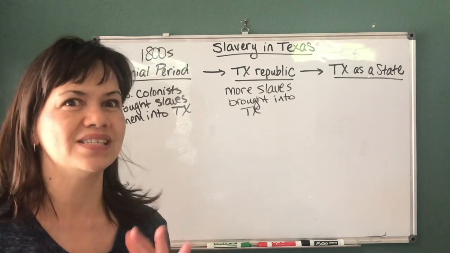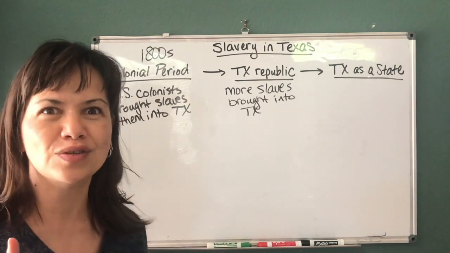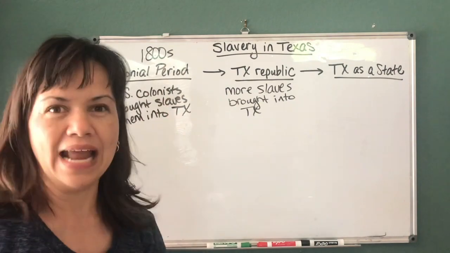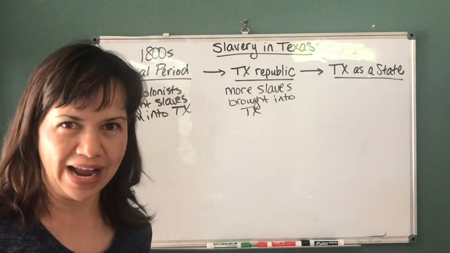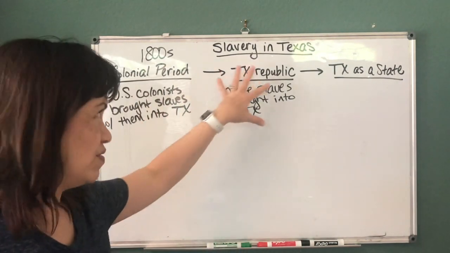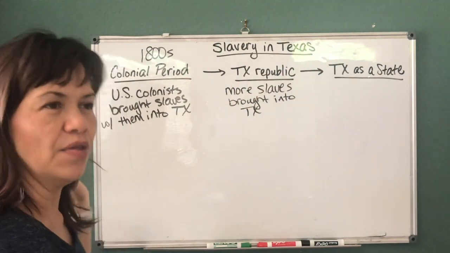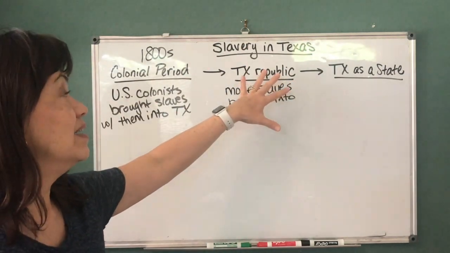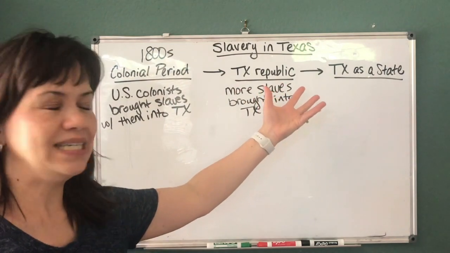There's too much of a U.S. influence here, too many Anglos here. So they decided to say, okay, now we're going to put our foot down and we're not going to allow slavery anymore. And so then the people revolted. You know, that was one of the reasons why. And they won their independence in 1836.